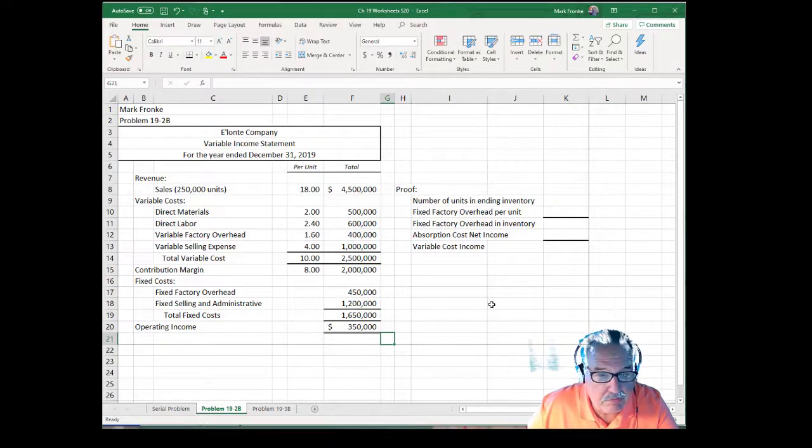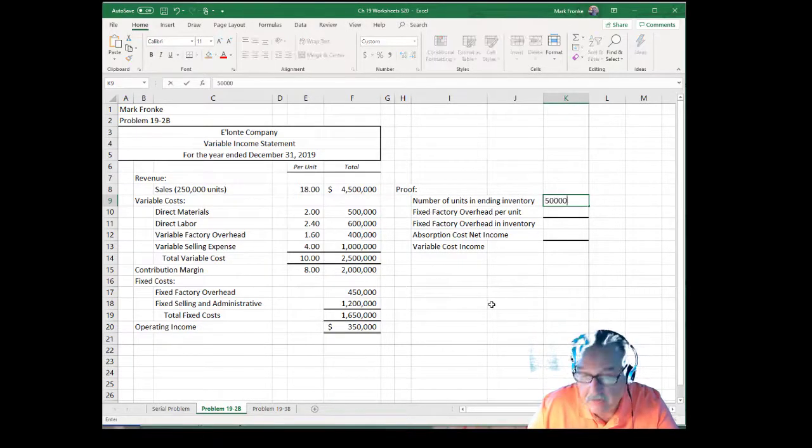We can prove that by calculating the amount of fixed factory overhead in ending inventory. So the number of units in ending inventory is 50,000 because we made 300,000 and sold 250,000 units.